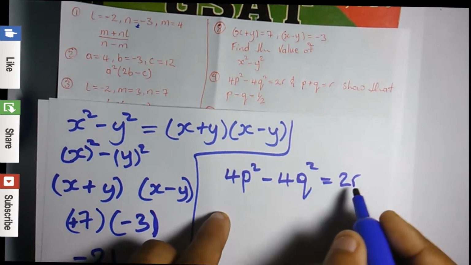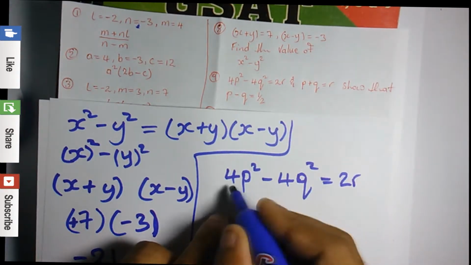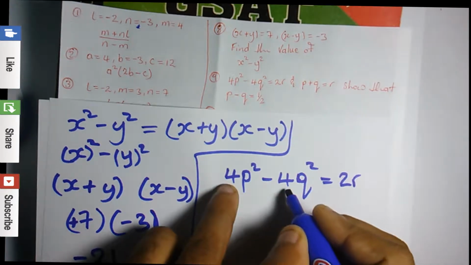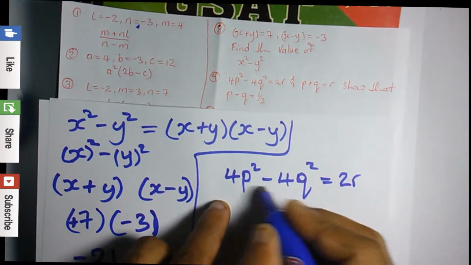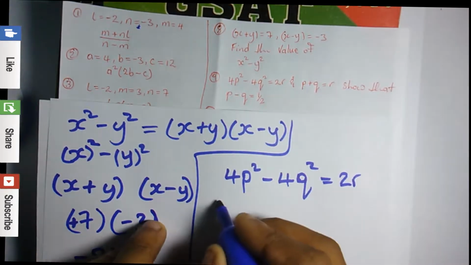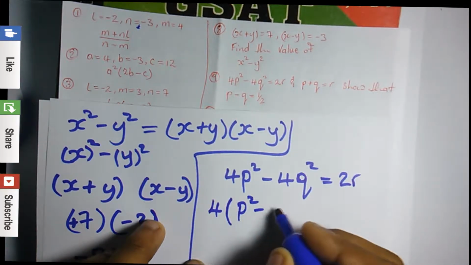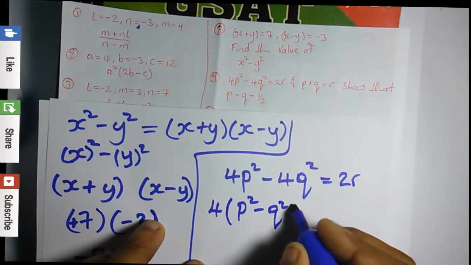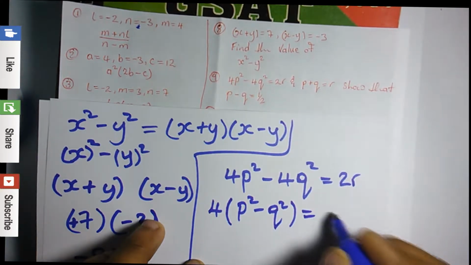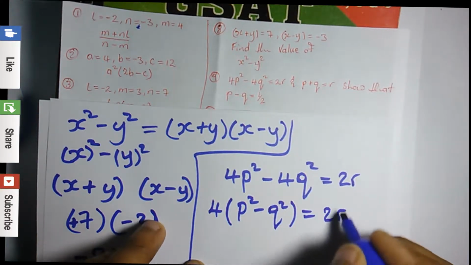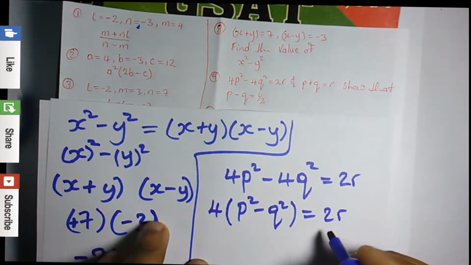Now, forget about the right hand side for now, let's focus in on the left hand side. 4 is common right here, so if we factorize out the 4, we're going to have 4 bracket p squared minus q squared equal to 2r. Even though we're forgetting about it, we'll just write it back down.